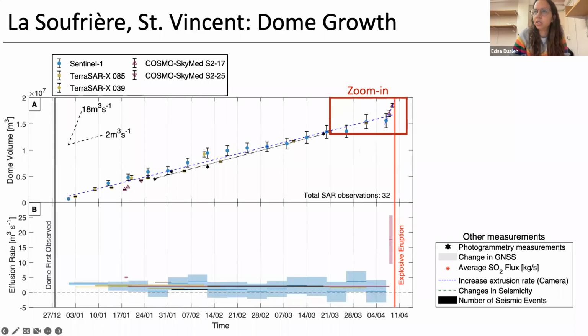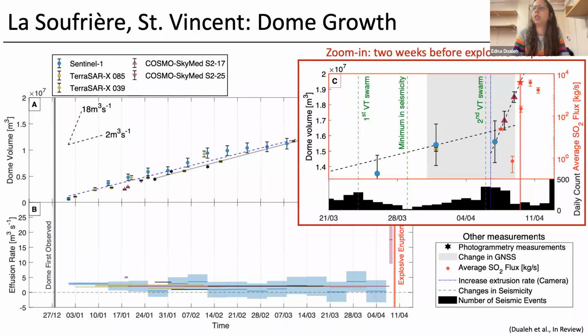If we zoom in onto the last 2 weeks before the transition from effusive dome growth to an explosive eruption, we can see that we actually have an acceleration in the extrusion rate. This is about 18 cubic meters per second.